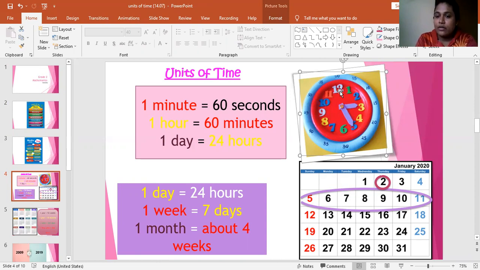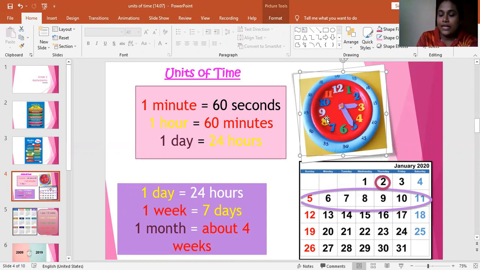When you clearly observe the clock, in between these two numbers, let's imagine that is 12 and 1, we have 5 dots. The second hand should move 1 round to move the minute hand from one dot to another. That's why we say 1 minute is equal to 60 seconds.